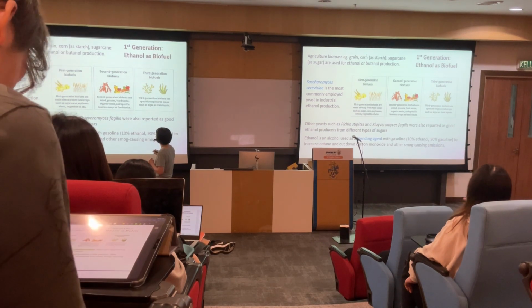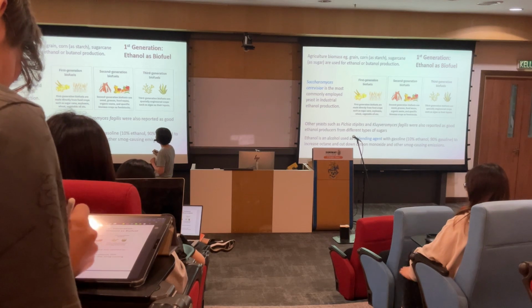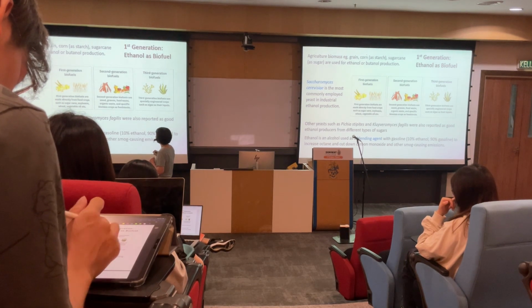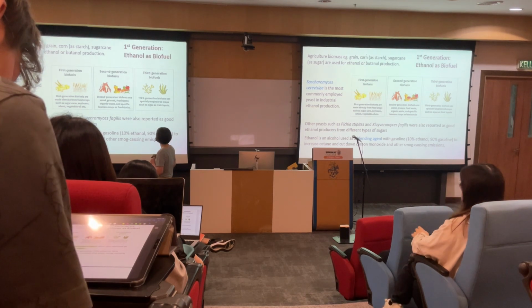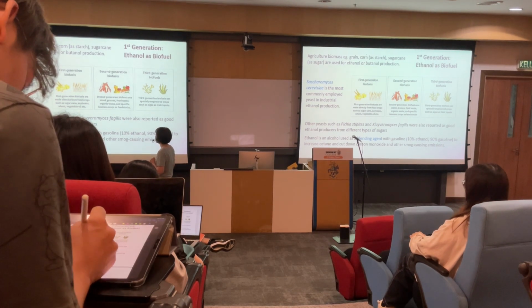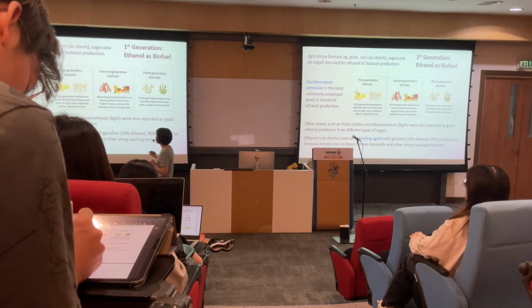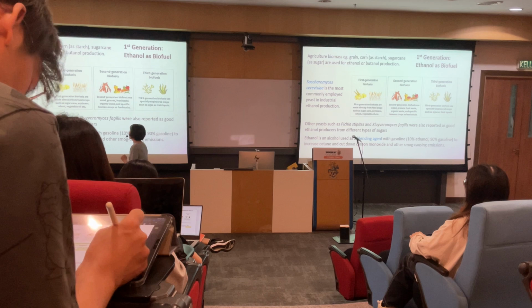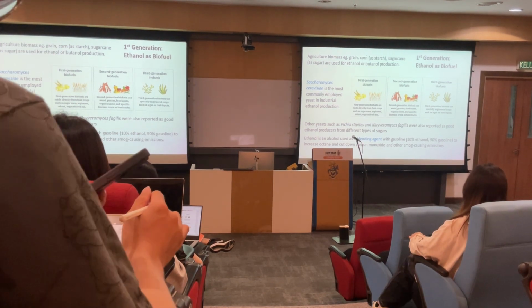It can reduce the production of carbon monoxide, carbon dioxide, and also the smog-causing emissions, meaning less smoke and fog, so it is less polluting. That's the reason they like to use ethanol as a blending agent for gasoline, because it makes less pollution.